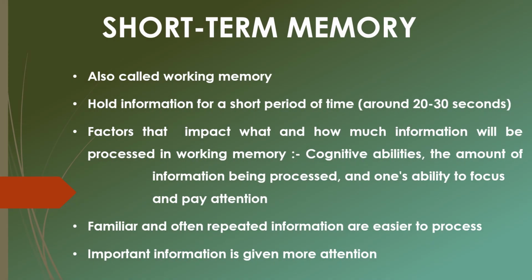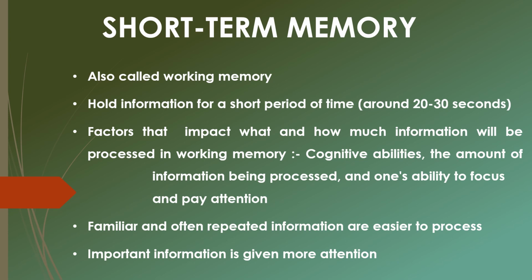Short-term memory. We have seen that in the sensory memory, or the first stage, the information that is deemed important is attended to and then transferred to the second stage, that is the short-term memory stage. This stage is also known as working memory. The short-term memory has limited capacity and can only hold information for a short period of time, like 20 to 30 seconds.